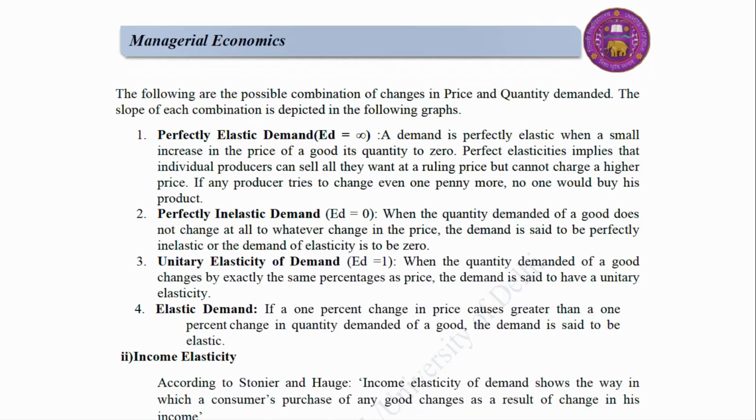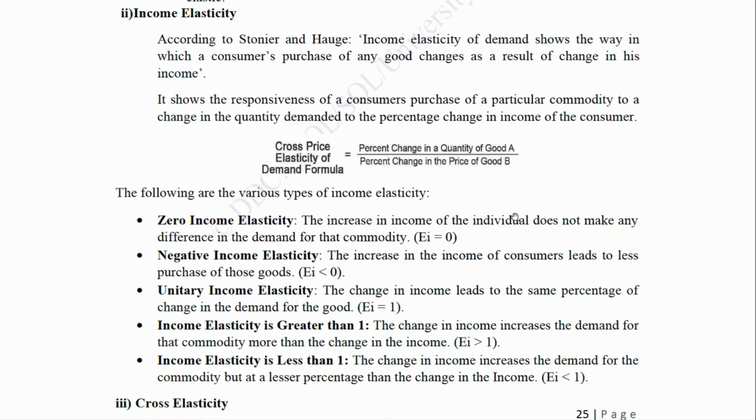When the quantity demanded of a good changes by exactly the same percentage as price, the demand is said to have a unitary elasticity. Fourth, elastic demand. If a 1% change in price causes greater than a 1% change in quantity demanded of a good, the demand is said to be elastic.